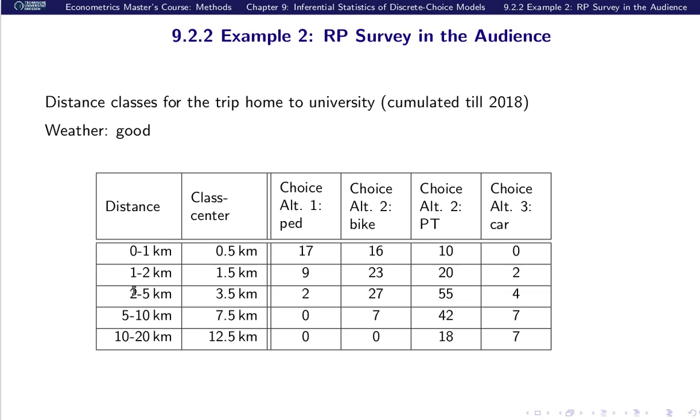So this is a sort of way, it's an attribute not of a decision but only of a person, so the distance needs to be formulated alternative specific. Although in reality, it's also more of a person-like attribute, because whether you use pedestrian, bike, public transport or car, the distance is about the same.